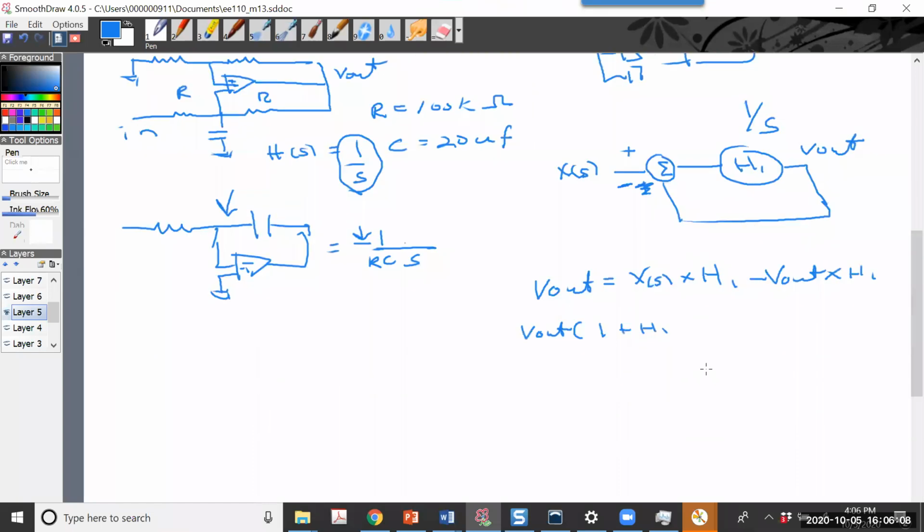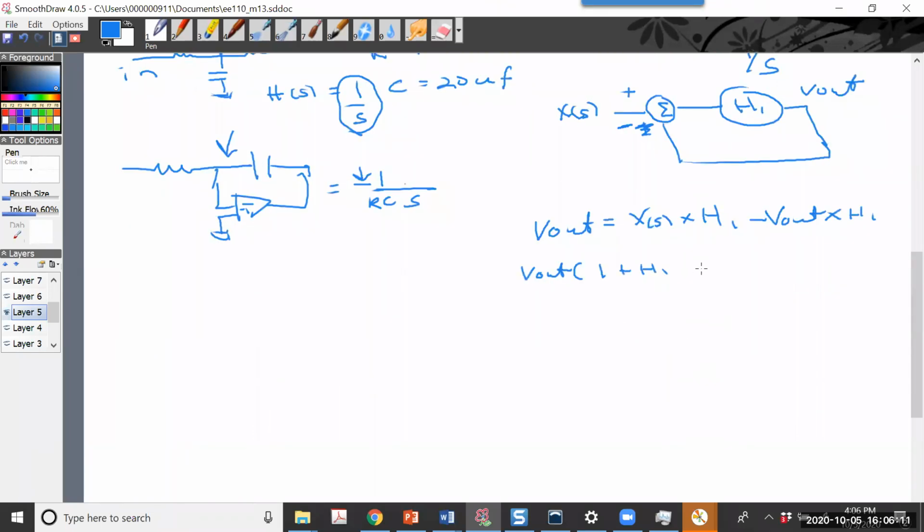I'm just going to scroll this down a little bit so that we can all see. Right. So now we solve for the transfer function. Now, this can give people a little bit of trouble.